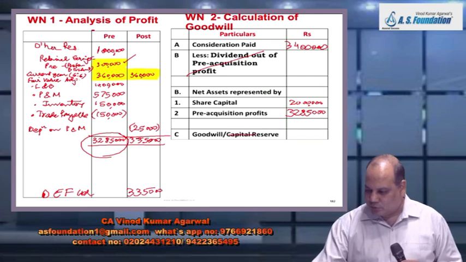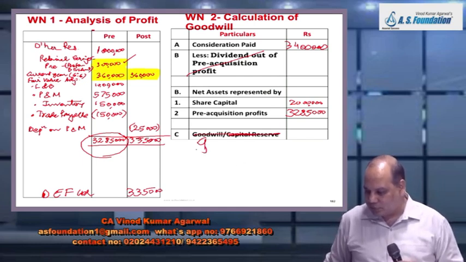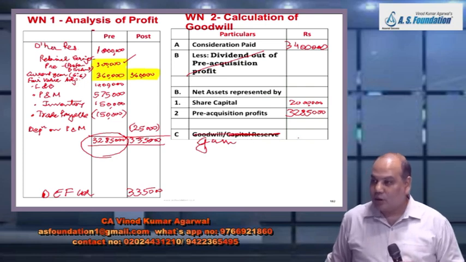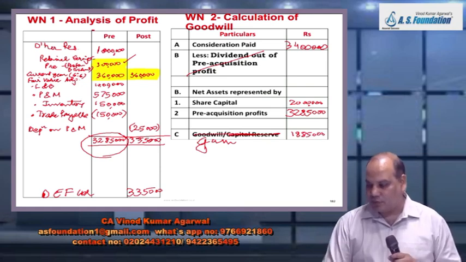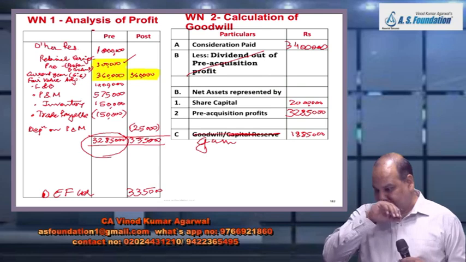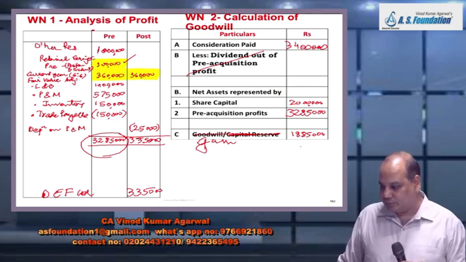So anybody for goodwill or capital reserve? Goodwill or gain on bargain purchase? Right, gain on bargain purchase. Gain on bargain purchase 18 lakh 85,000.